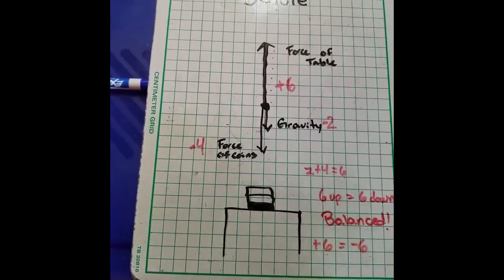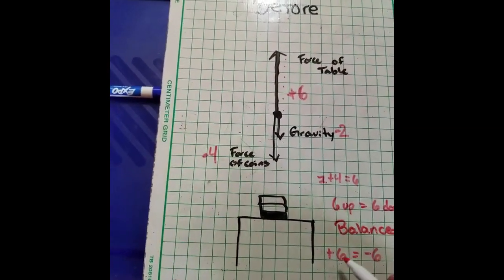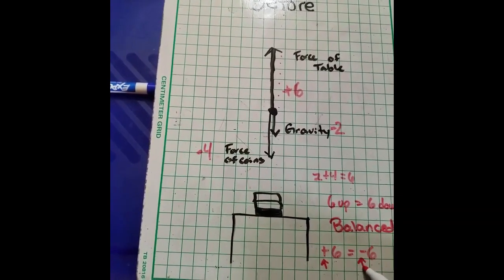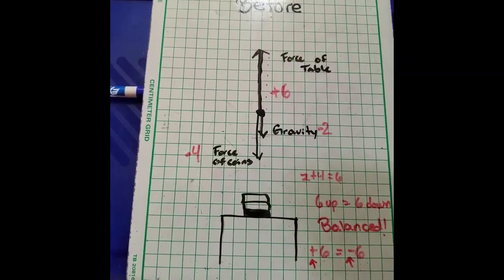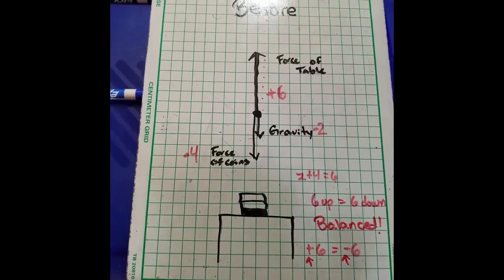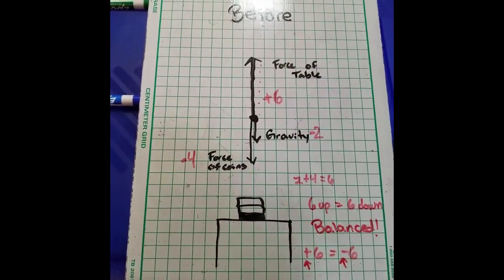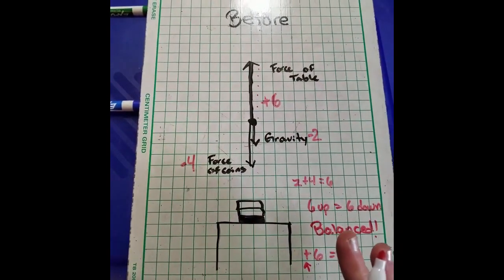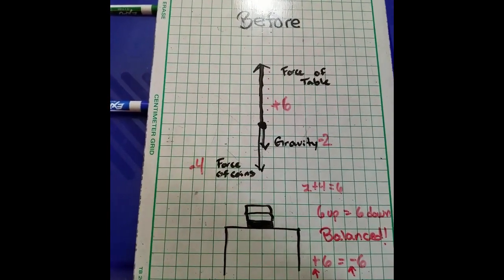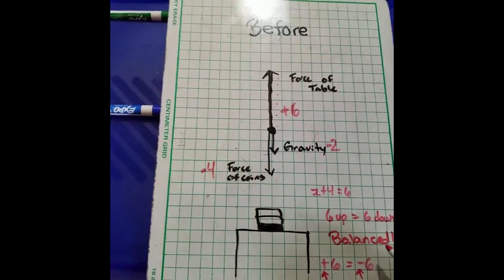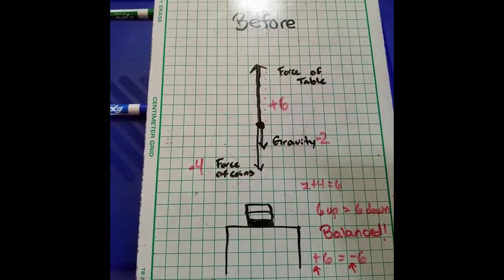I know that in math and in integers, this would not be true, but really this sign is telling us a direction. It's replacing the words up and down. So 6 equals 6 is still true. That's one thing I would caution you on: while we may use the laws of integers going forward, there are some cases in which we have to throw this idea of what integers are out the window and recognize this positive and negative as a direction.